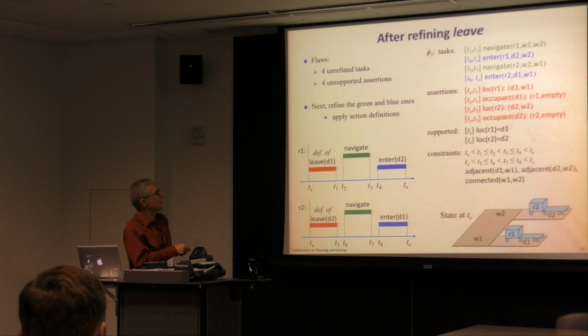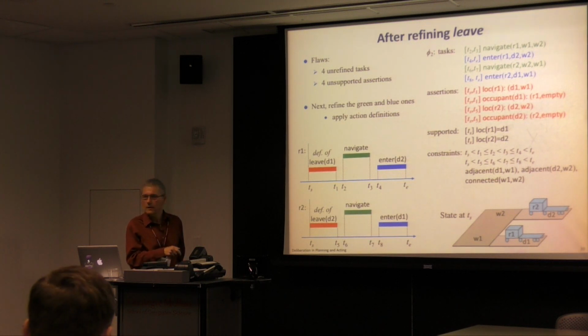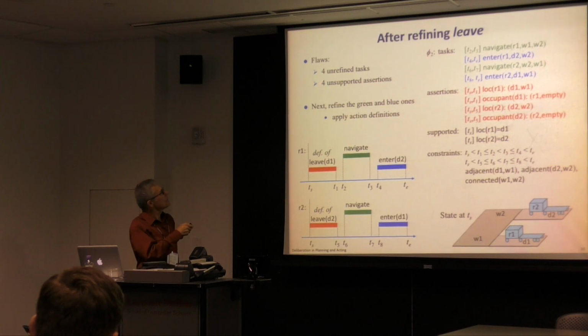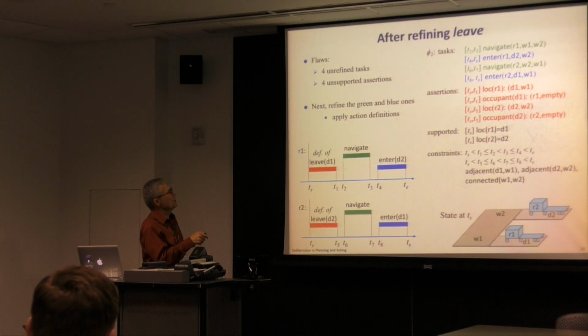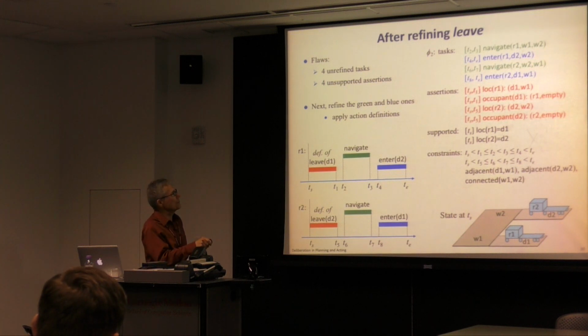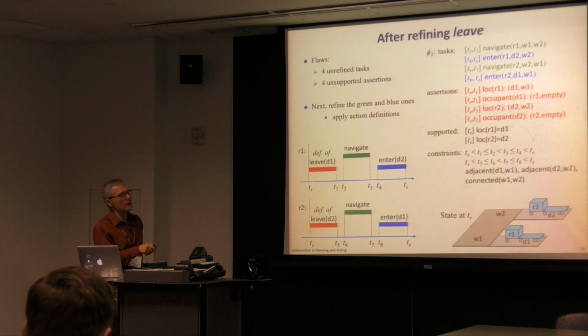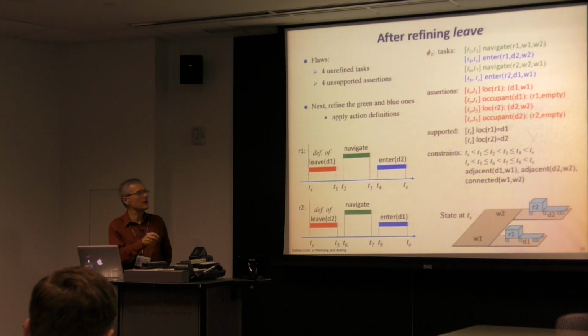What we did was, in order to leave, the location of the robot changes from a loading dock to a waypoint, and the occupant of the dock changes from the robot to empty. And here it is for R1, here it is for R2. Okay? So let's now, sorry, I got ahead of myself. We now have only 4 unrefined tasks, but we also have 4 unsupported assertions. Let me take care of the remaining unrefined tasks, and I'll just do all 4 of them at once. We have 2 navigates, 2 enters.